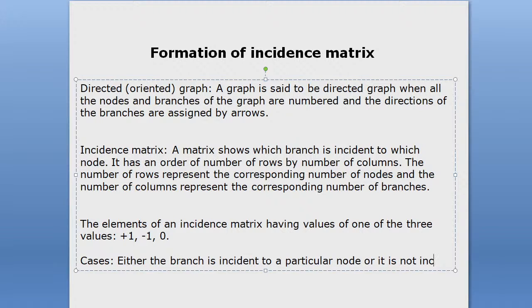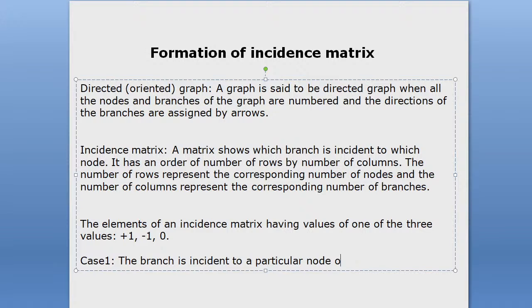Case 1, you just write here, the branch is incident to a particular node.